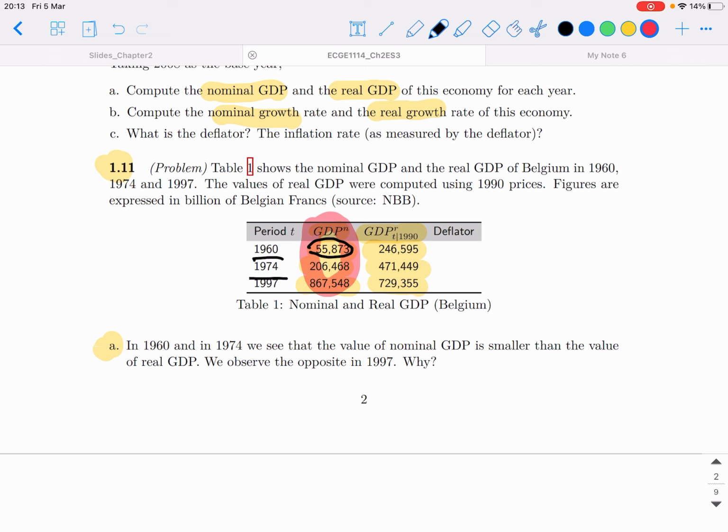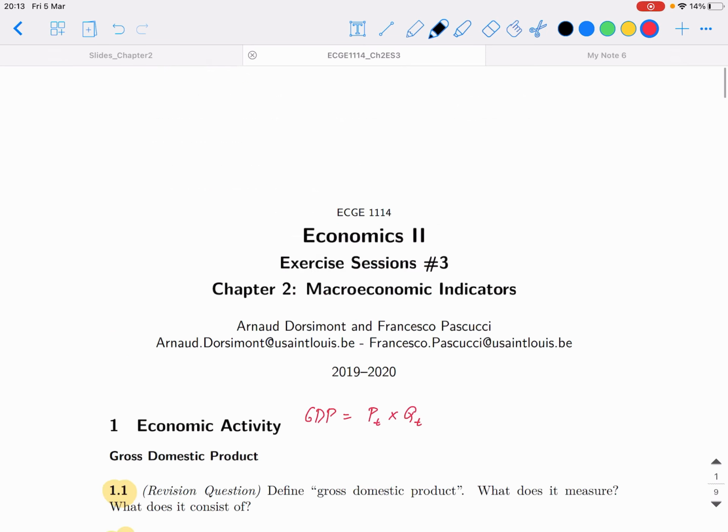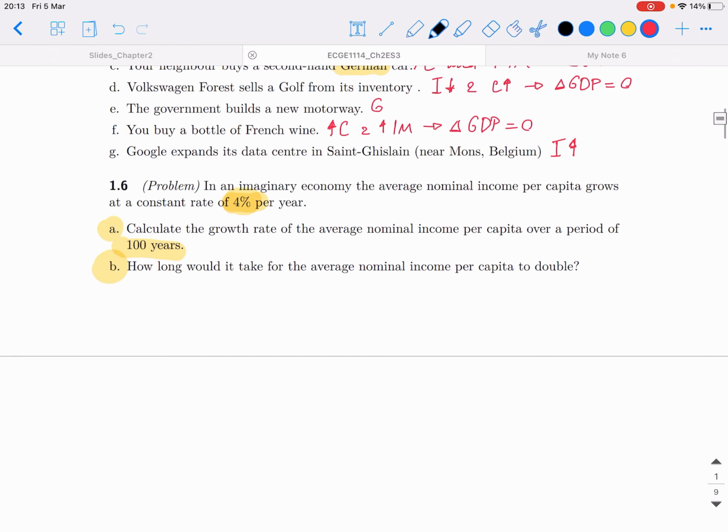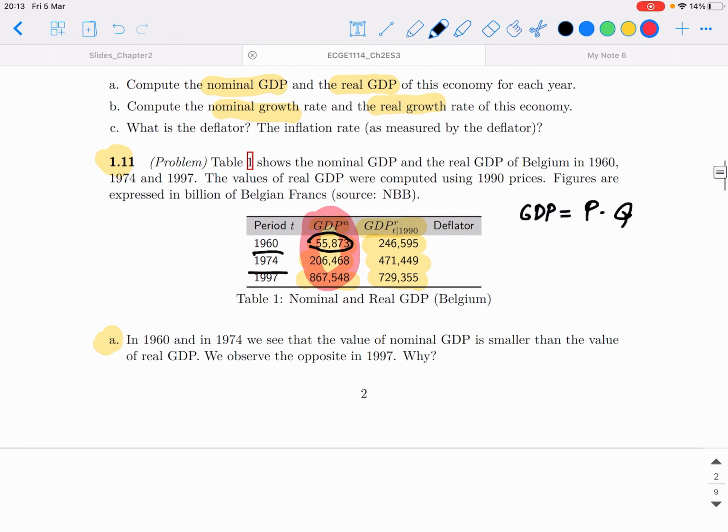And we know that GDP is price times quantity. So in 1960 and 1974, these prices were much smaller than the prices of 1990, at which real GDP was calculated for these years. That's why the values on the left are much lower than those on the right.